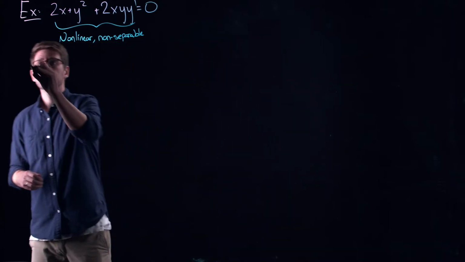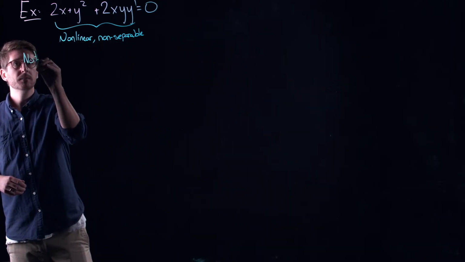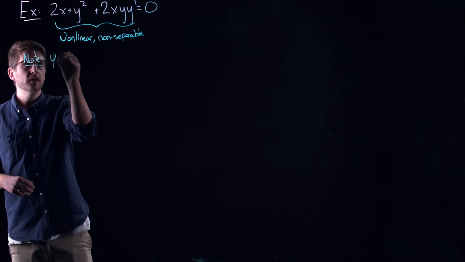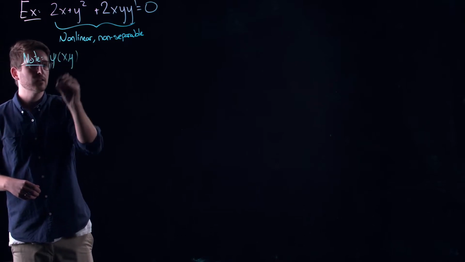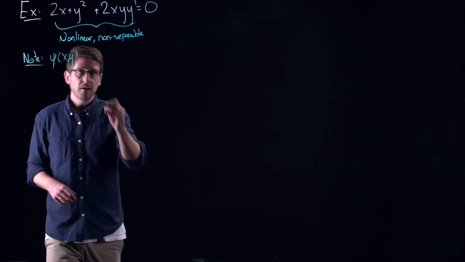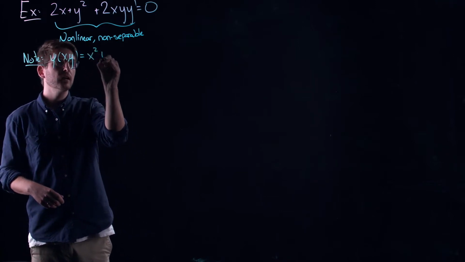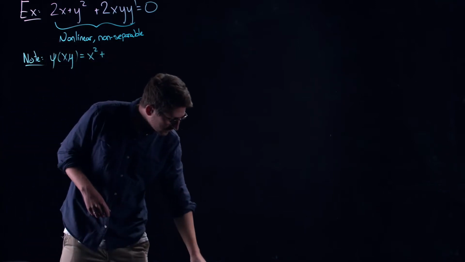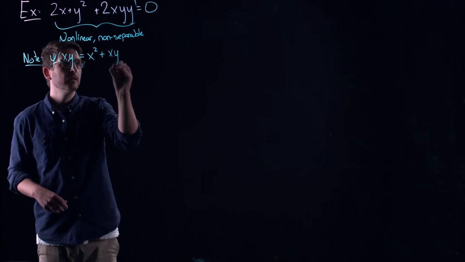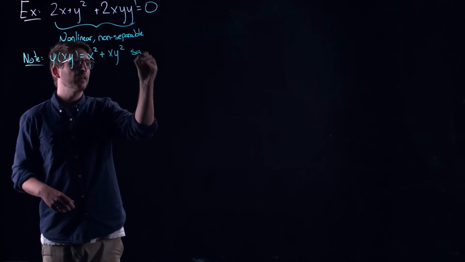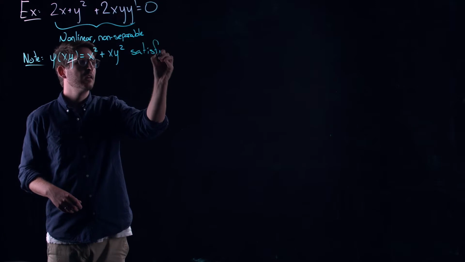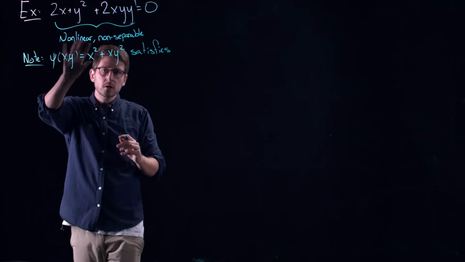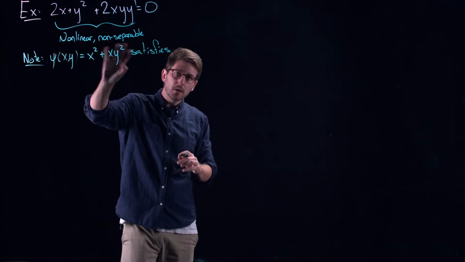But note, this function, I'm going to call it psi of x, y. If I define this thing to be x squared plus xy squared, well, this thing satisfies... Again, I'm going to explain to you where this function comes from in a moment.